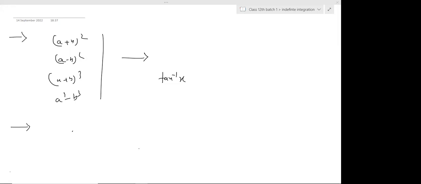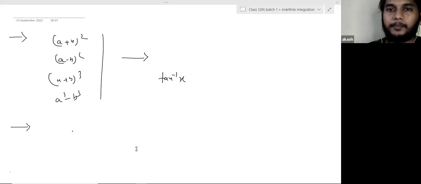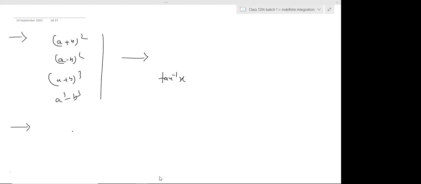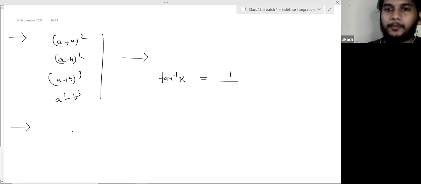Krishna? Kulsum? Said, what is the differentiation of tan inverse x? 1 by 1 plus x square.